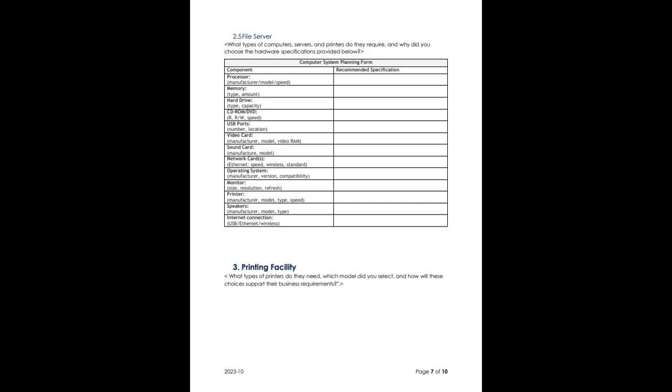You see, it's repeated. Even for your file server, because we are running a client server model. So the file server should have a very fast processor, high storage, high network connection, fast network card, and what else?